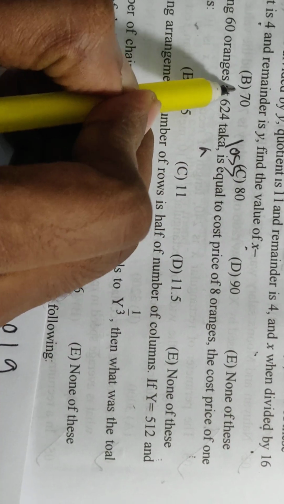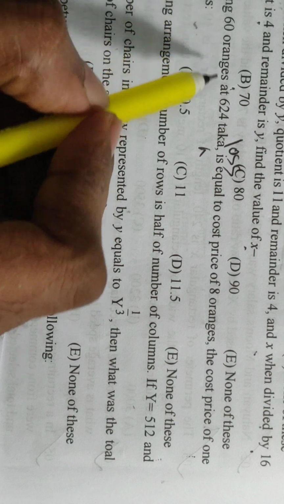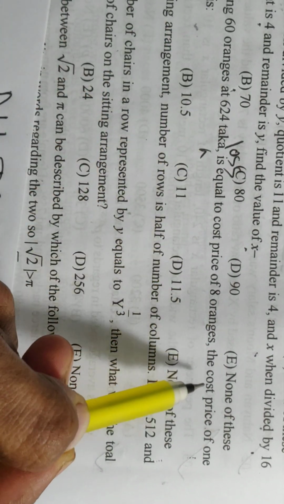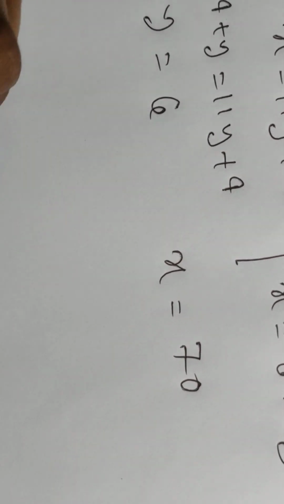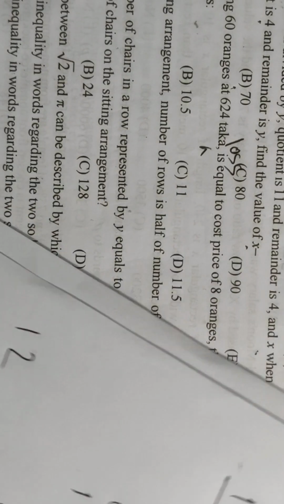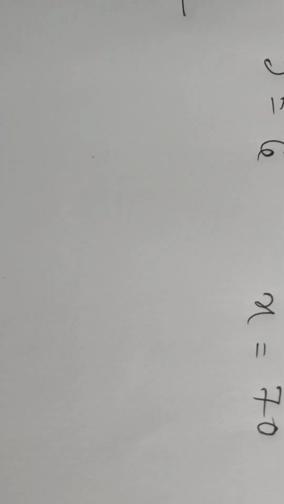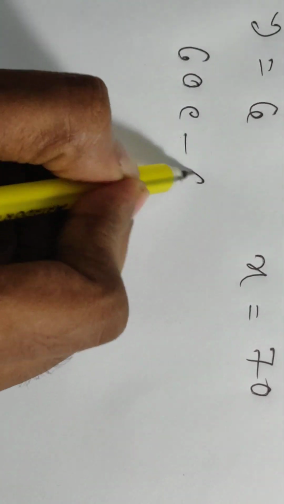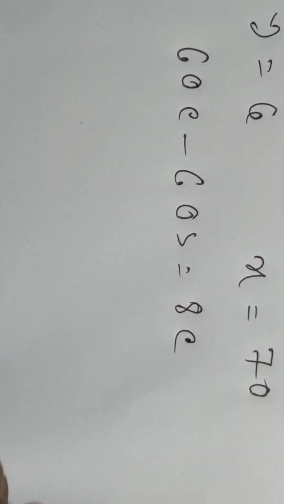This is 70. So number 13: by selling 16 oranges at 624 taka, the loss is equal to the cost price of 8 oranges. We need to get the cost price of the orange. So this is the most important math. Selling 16 oranges at 624 taka is the loss. Then cost price minus the sell price equals 8 cost price.